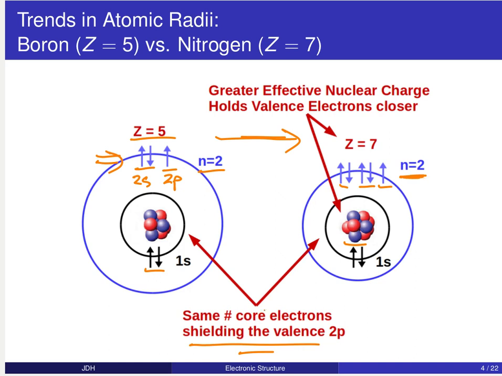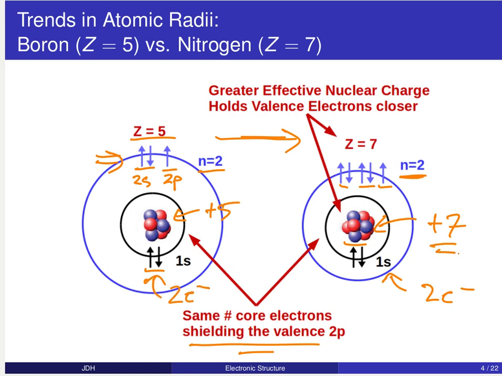Because we have the same number of core electrons and a larger nuclear charge, the outermost electrons in the n equals 2 shell of nitrogen are experiencing a greater effective nuclear charge, because now you have a charge of +7 that's screened by 2 electrons versus a charge of +5 that has the same screening of 2 electrons.